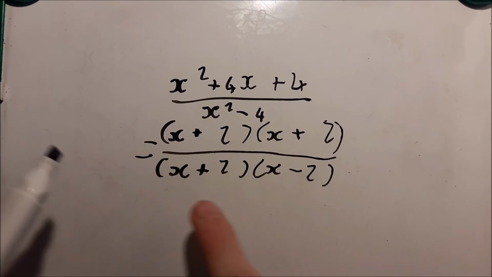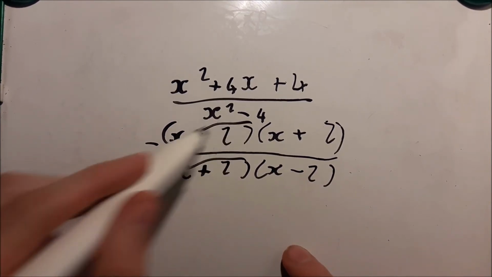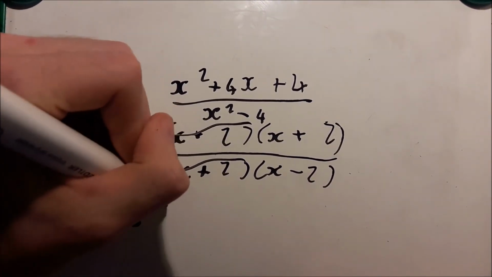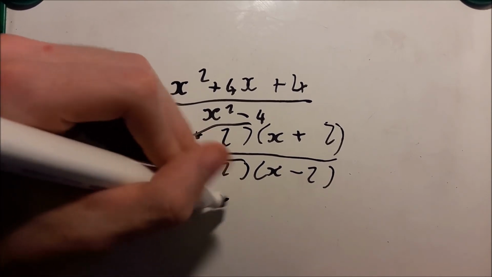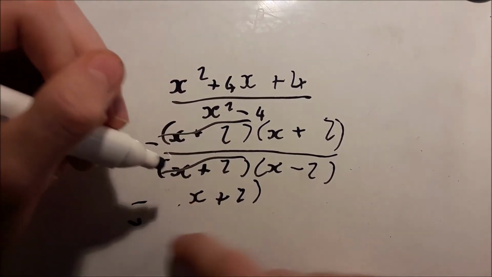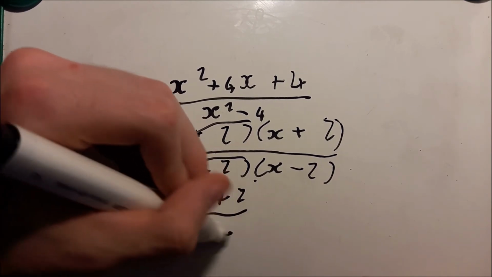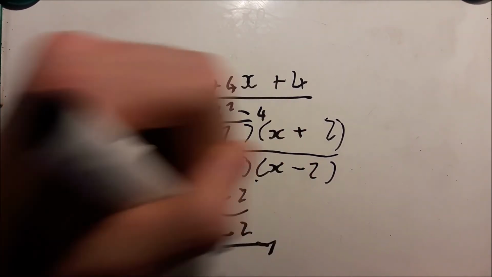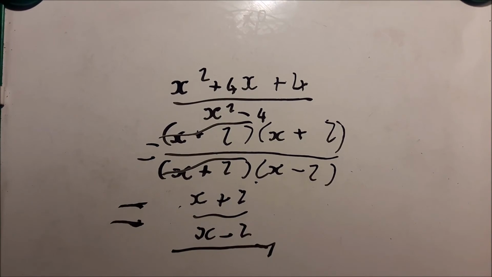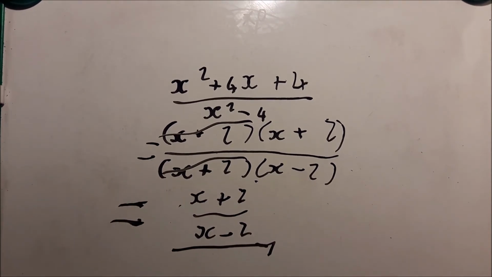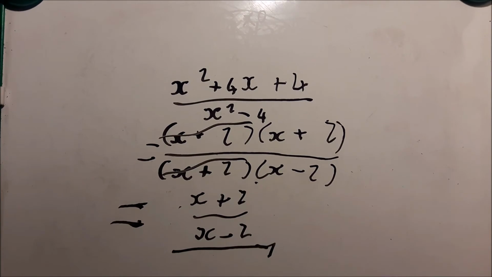But now we can see these two are the same, so they cancel out, so we can just have x plus 2, we don't even have to have brackets, over x minus 2, and that's the whole sum. So that one was also simple enough to get done, and now we have one last sum, which is going to be a bit more difficult, but it's got to do with fractions as well.